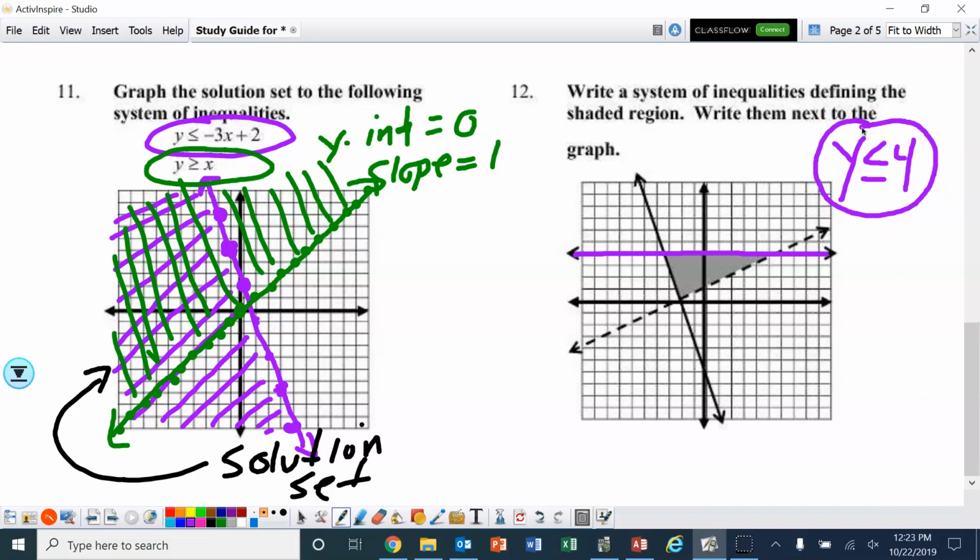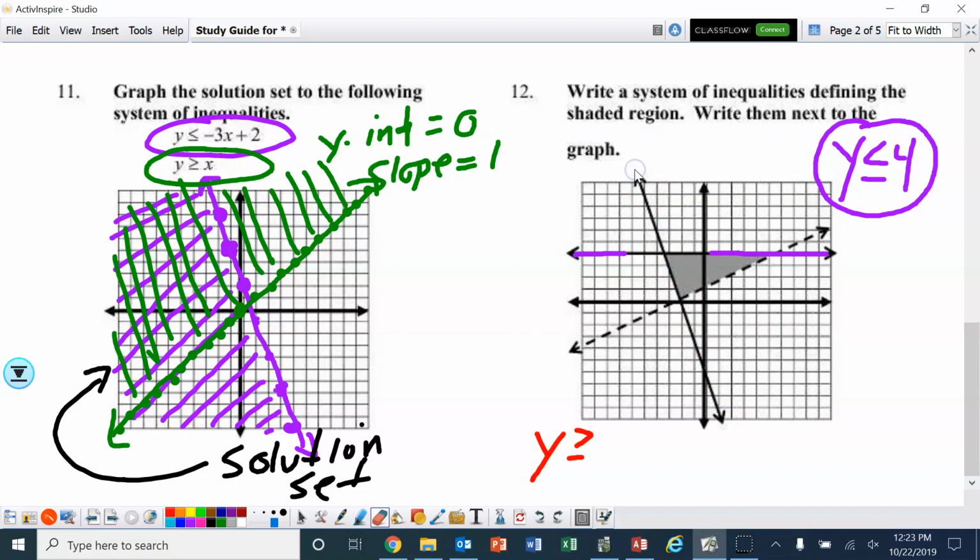There is one of the lines. Y is less than or equal to 4. All right, let's do the other solid line. I'll do that one in red. So we're looking at this line right here. All right, so y, now it's a solid line, and if I look at it, it's shaded above that line, so it's going to be greater than or equal to. It looks like the slope, I need to erase my red line here to look at it a little closer.